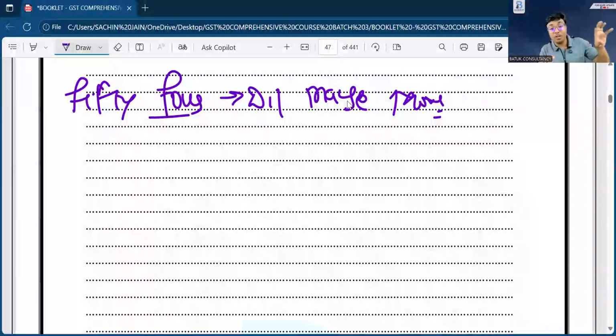It will block the working capital. Hence, the government has given you the option to file a refund application and claim the refund. The second type of refund is in case of export. Export is treated as zero rated, so you need not pay any taxes.